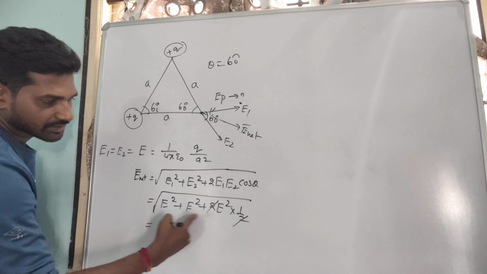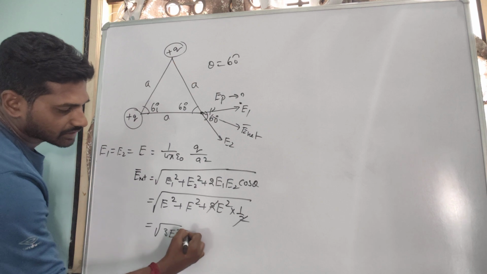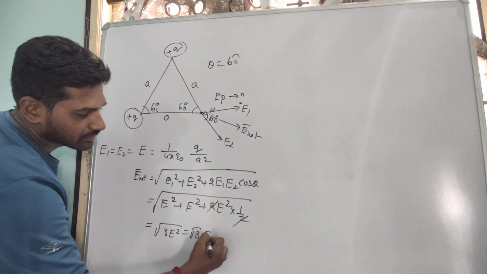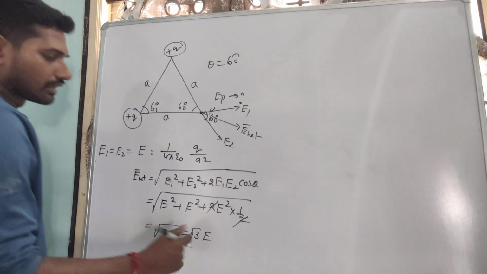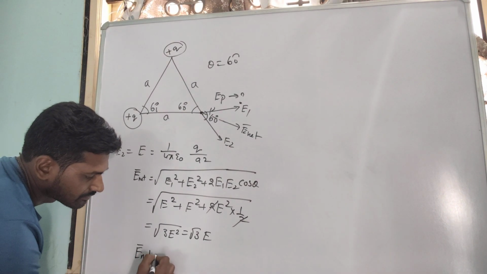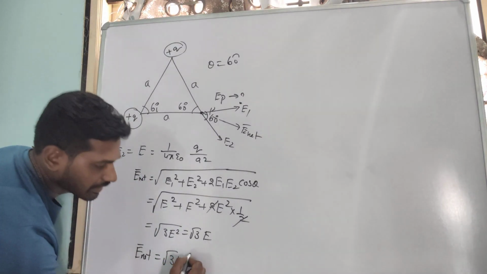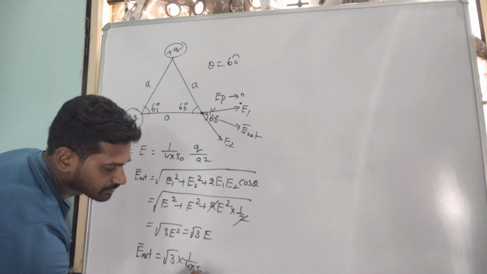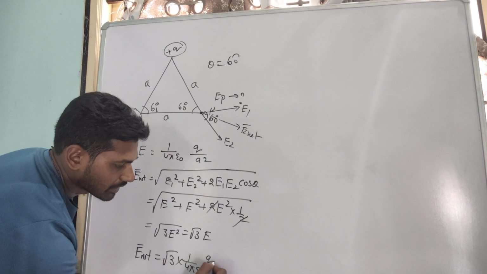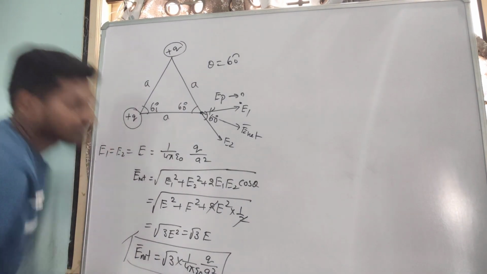E square plus E square plus E square, nothing but 3 E square. So the square root gets cancelled. Therefore, E bar net is equal to root 3 into E, which is root 3 into 1 by 4 pi epsilon naught Q by A square. So this is the net electric field for the equilateral triangle.